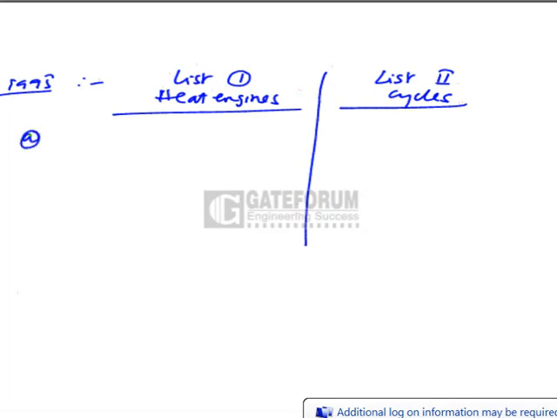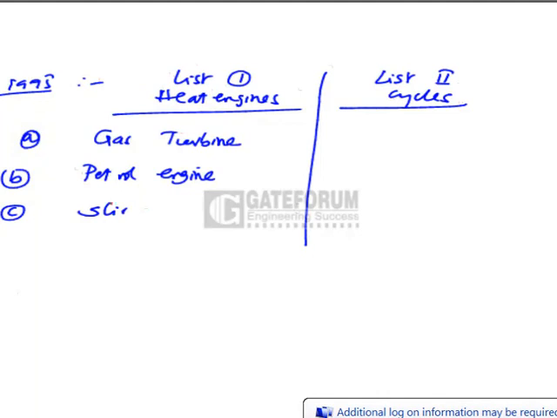A in list 1 is gas turbine, B petrol engine, which is also known as spark ignition engine, C Stirling engine, D diesel engine.